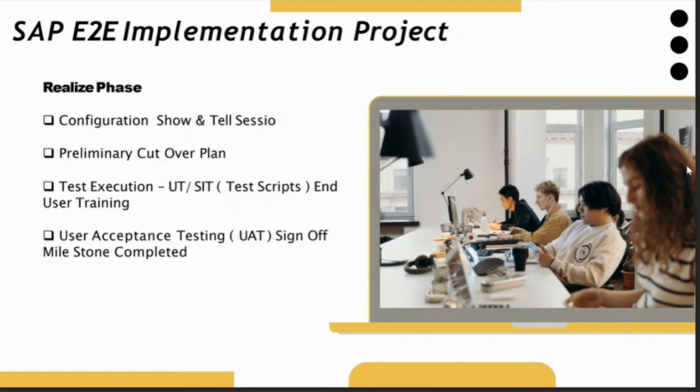Consultant, first you have to create the roles and authorizations for the end users. Second, you have to test the roles and authorizations: whether all the module consultants are able to log in, who is able to create the data, without any authorization error. So you have to test it. Third, you have to prepare the UAT test script and give it to the customer.